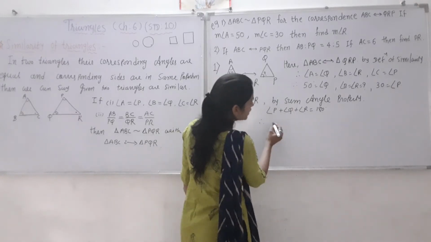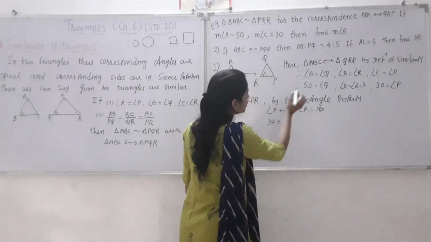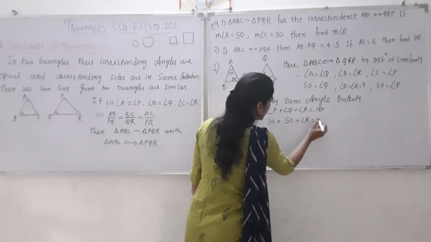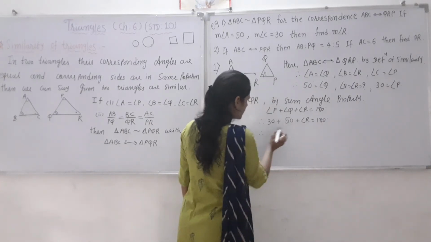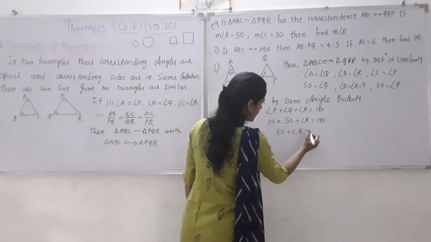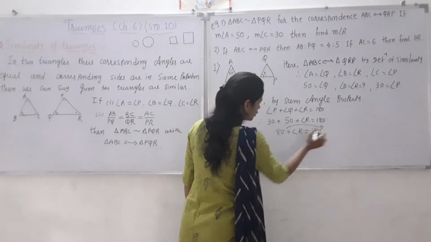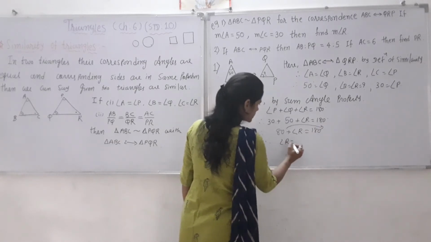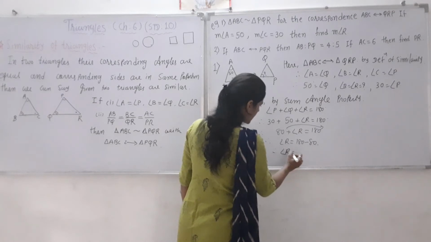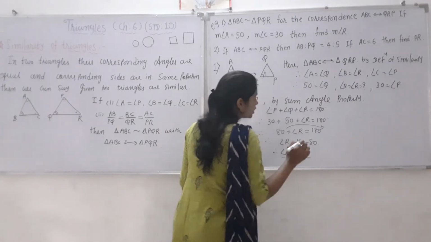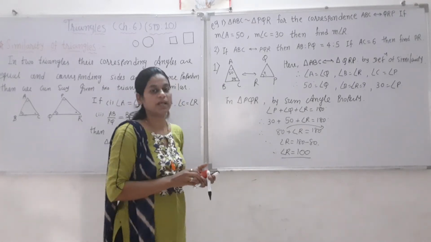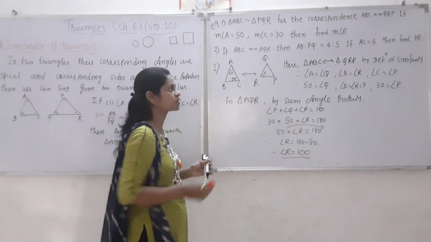Now P measurement is 30, Q measurement is 50, and R you want to find. So write it as it is. Now 50 plus 30 is 80. R plus 80 is equal to 180. Change side of 80, so R is equal to 180 minus 80. So your angle R becomes 100. This is your answer. So you can apply the definition of similarity in your question this way.